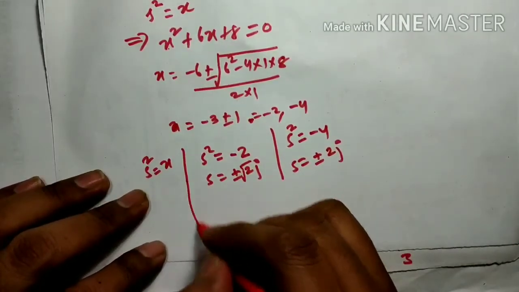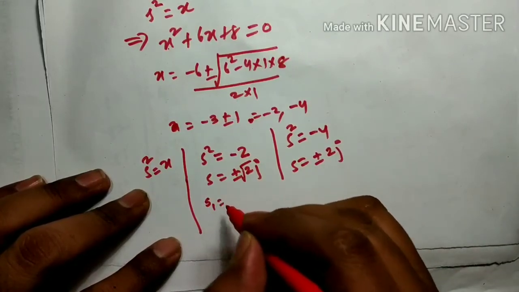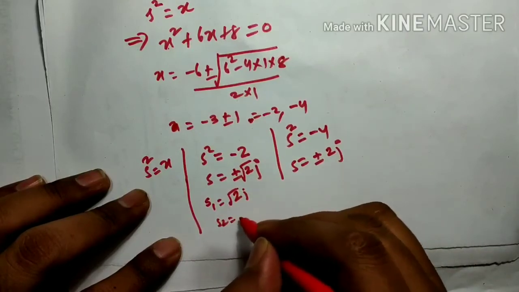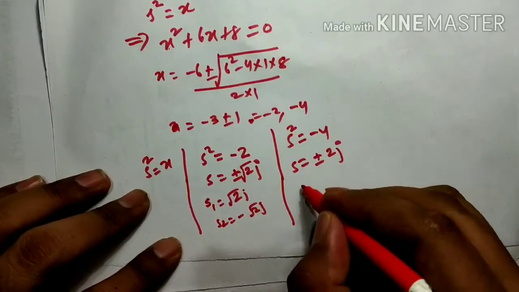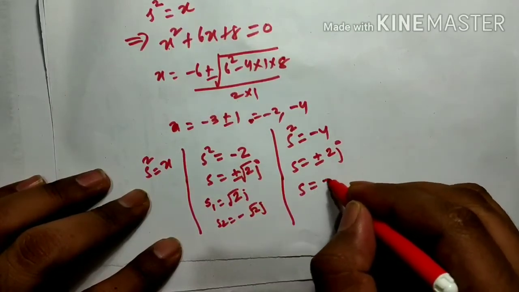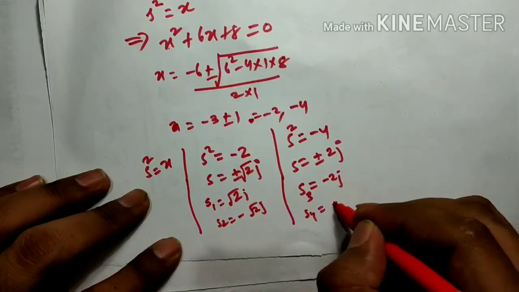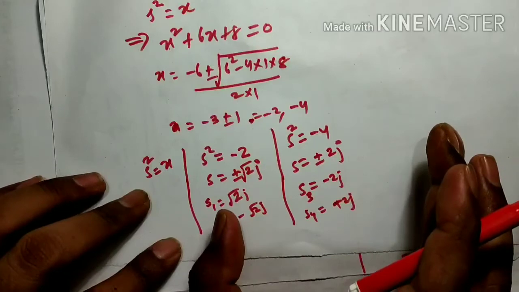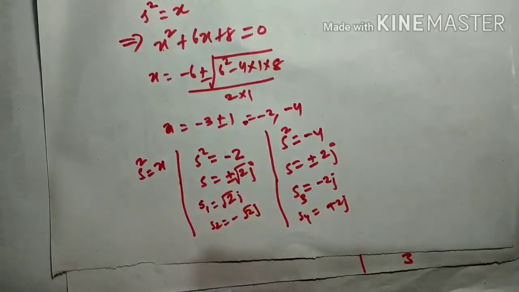From this equation we got two roots: s1 is equal to root 2 j and s2 is equal to minus root 2 j, and from the other equation s3 is equal to minus 2j and s4 is equal to plus 2j. So there are four roots. How many of these roots are lying on the left of the s-plane?